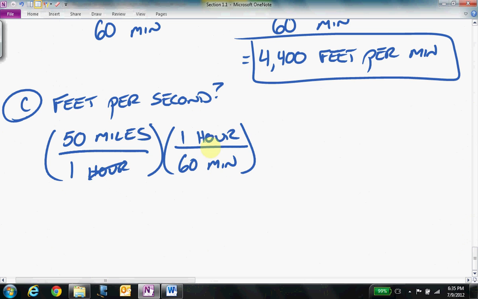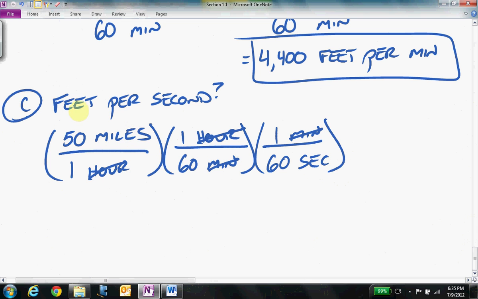And by doing that, our hours cancel. Now we need to get from minutes to seconds. So 1 minute is the same thing as 60 seconds. Now my minutes have canceled. So the units I have are miles per second.